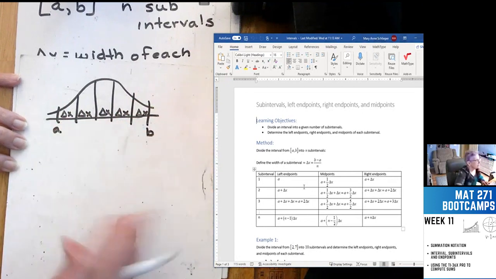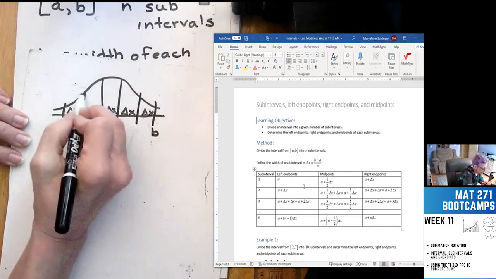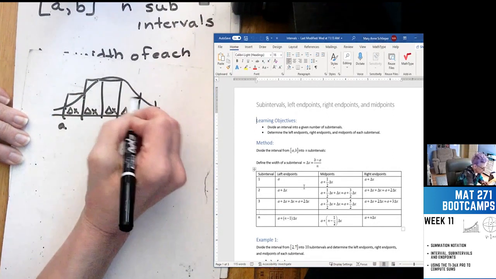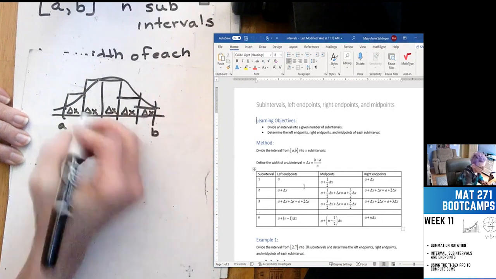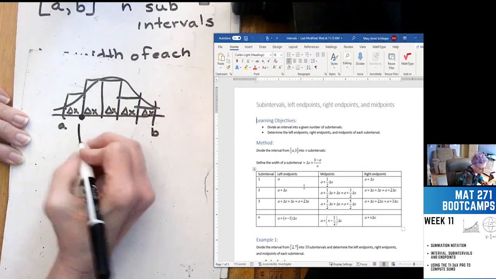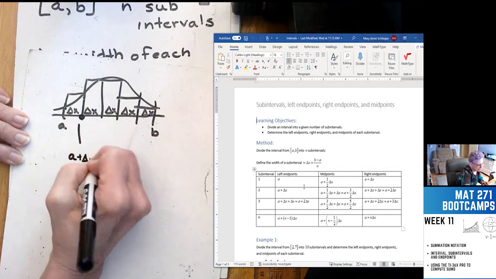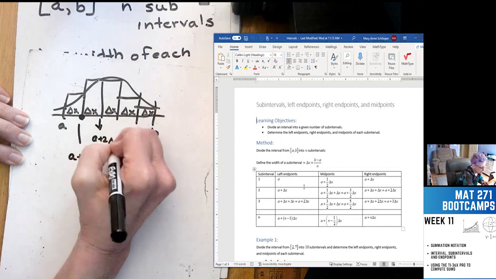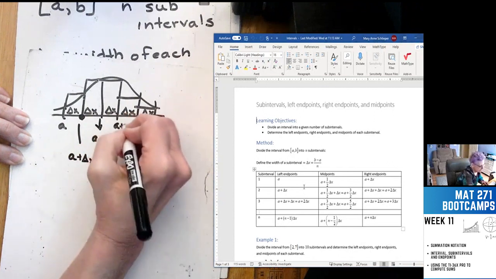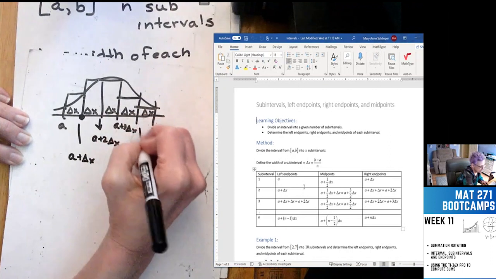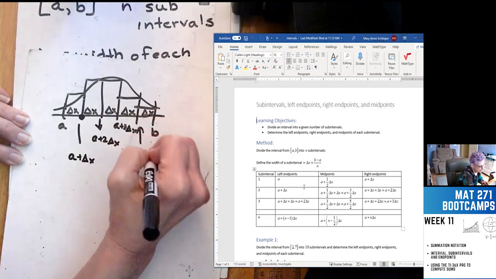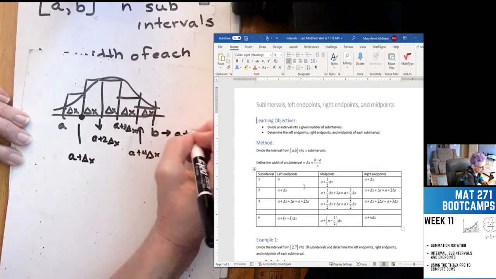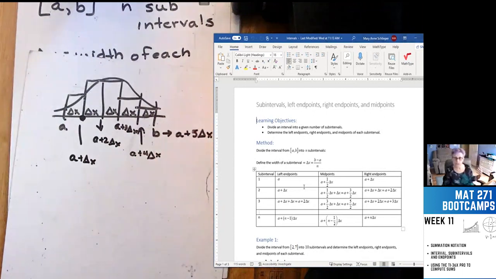This is A, and this is B. If we want right endpoints, then the first one is A plus 1 delta x, and then A plus 2 delta x's, A plus 3 delta x's, A plus 4 delta x's, and finally B, which is A plus n delta x's.